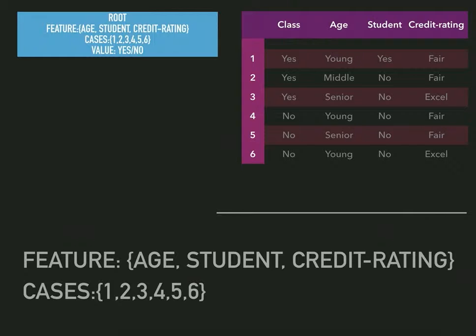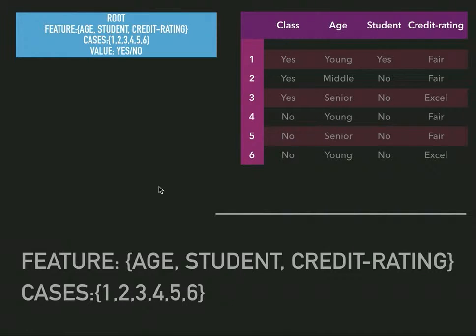The second condition is that there are no more features, and in this case, the node value will be the class value that has the most occurrences. And similarly, if there are no more cases, we will use the class value which has the highest occurrence.